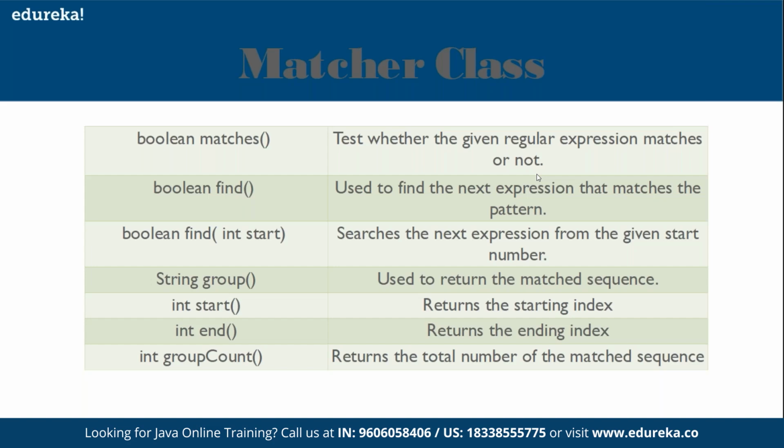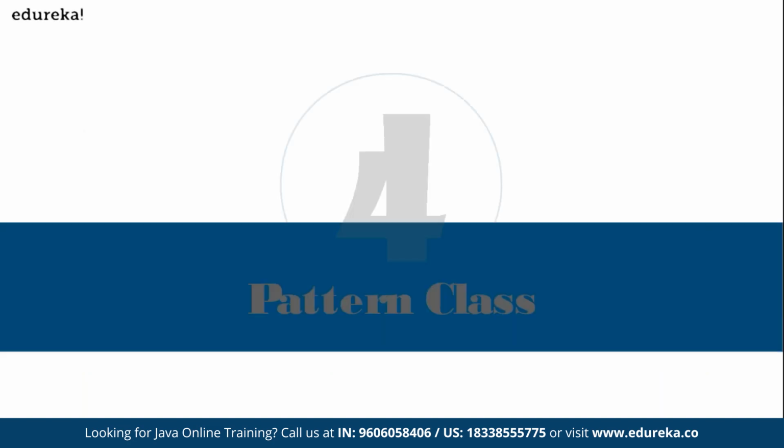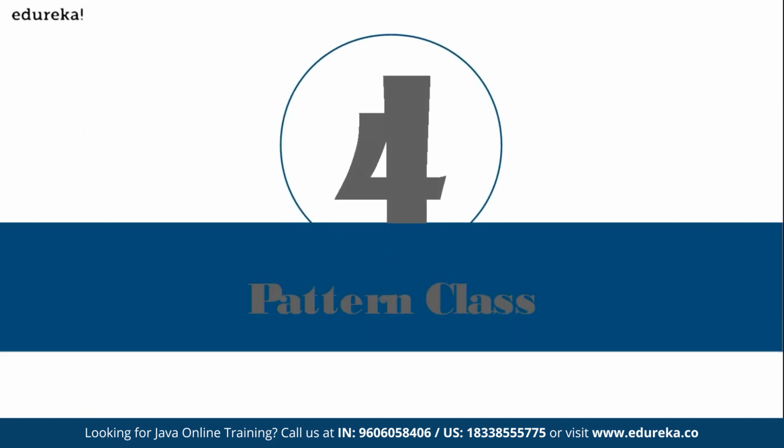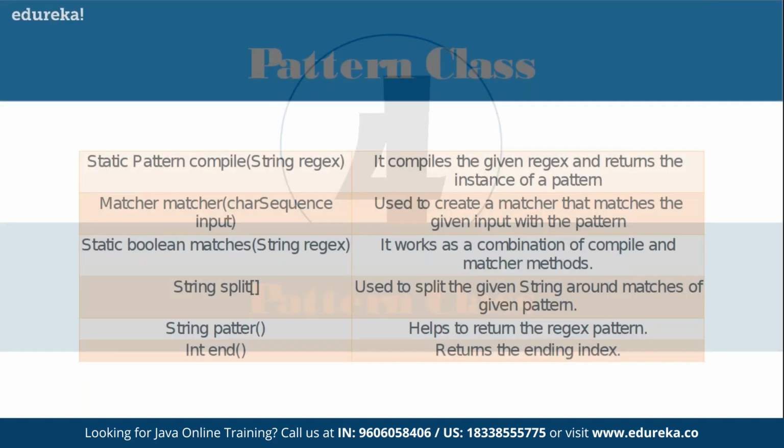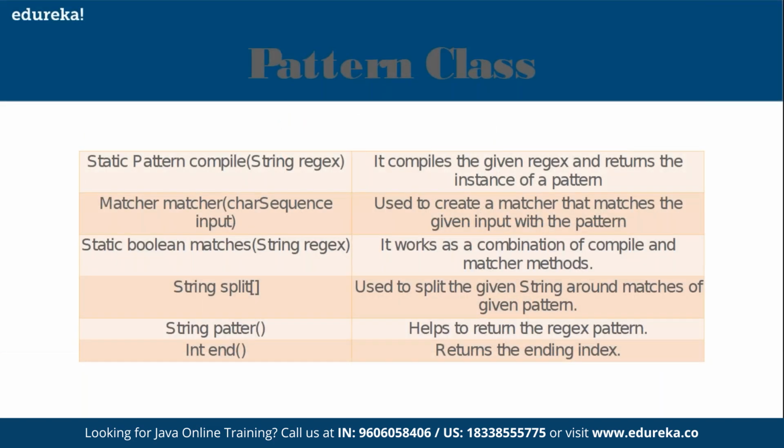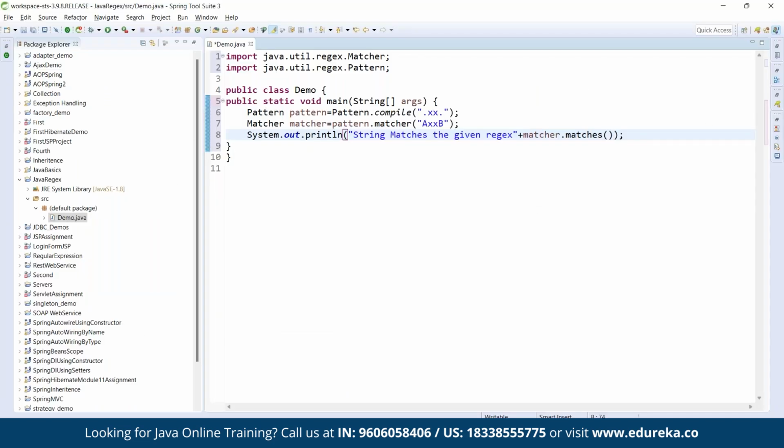And you can see if it is found, we have used the compile method. Where is this compile method found? It is present in the Pattern class. It compiles the given regular expression and returns the instance of a pattern. So in this case, internally it uses the Pattern and Matcher Java regular expression classes to do the processing, but obviously it reduces the code lines.